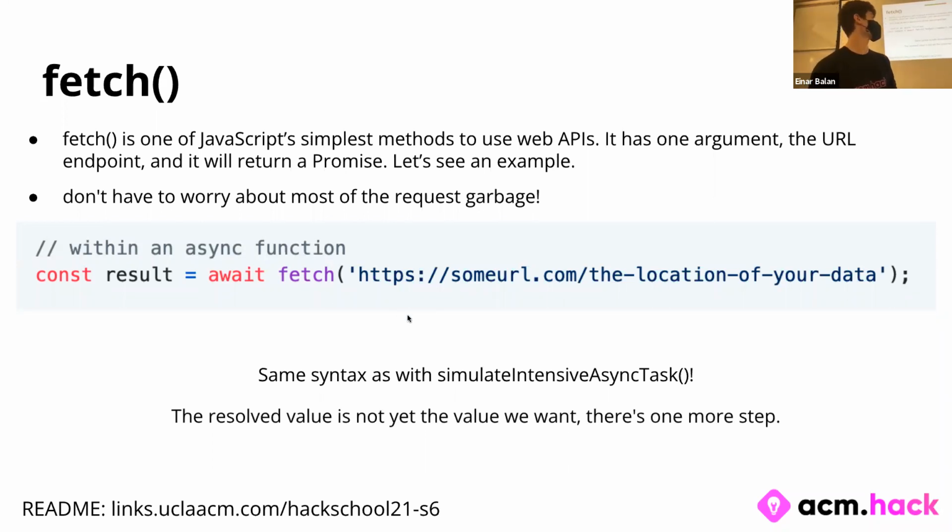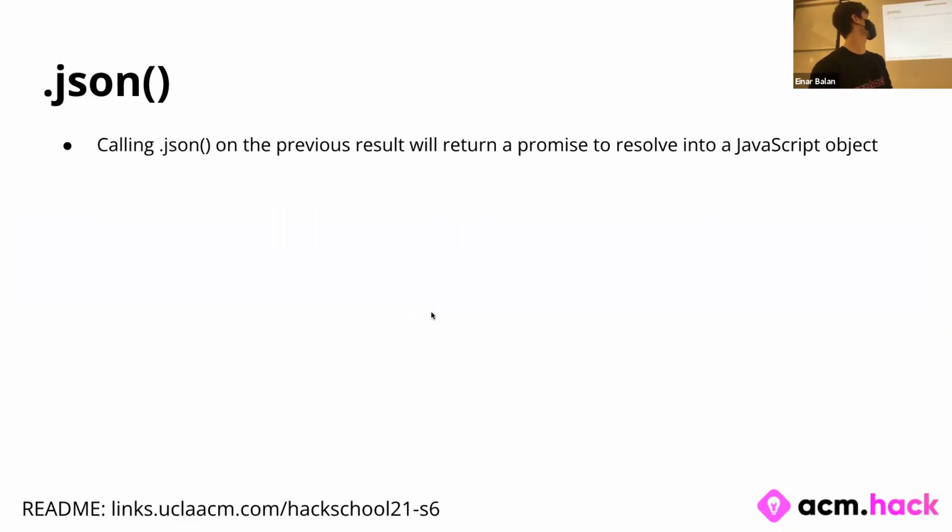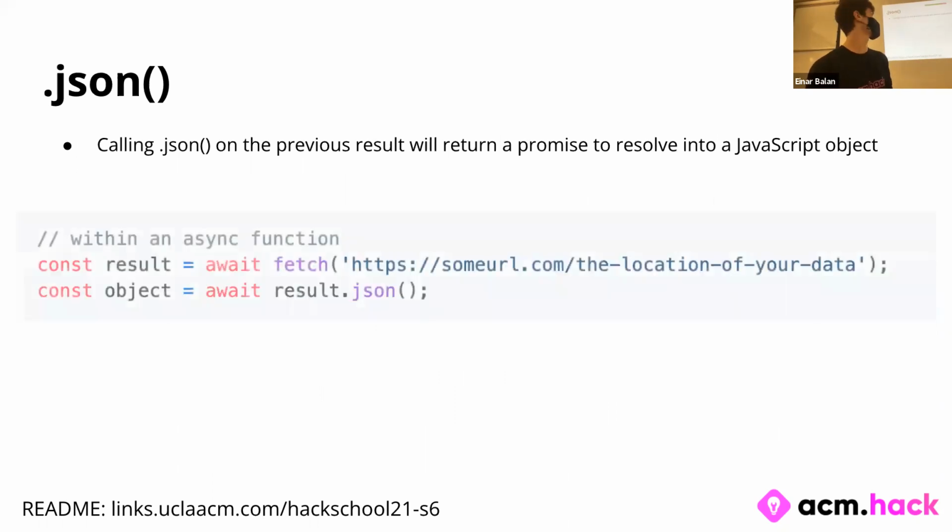We still have one more step after this if we want to convert our JSON into something usable. So that comes in with the JSON function. Calling .json on the result from before is just going to take that JSON and convert it into a usable JavaScript object, right?